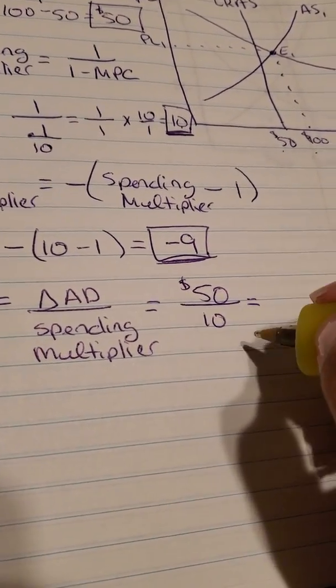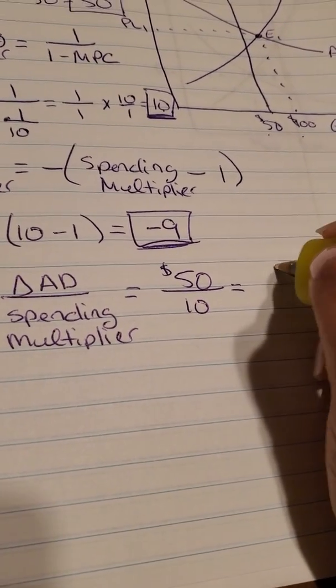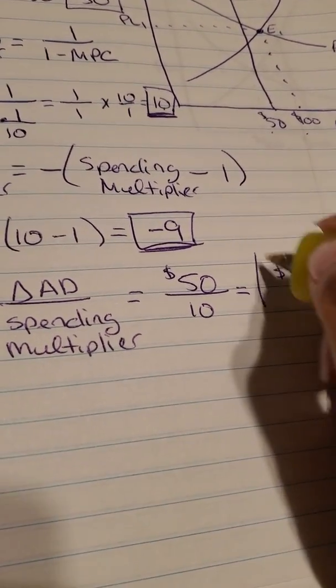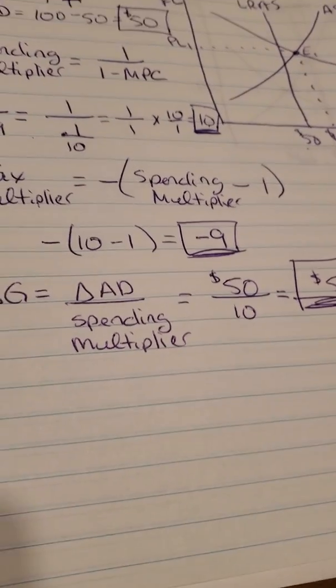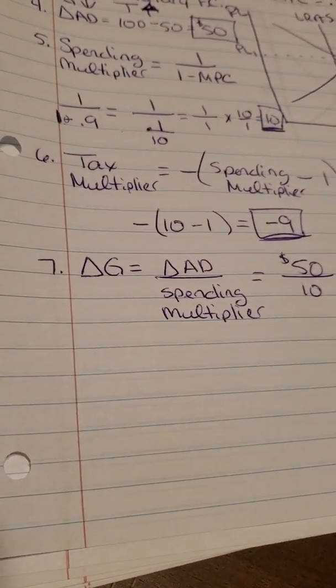So 50 divided by 10 is $5 billion if we're going to decrease government spending.